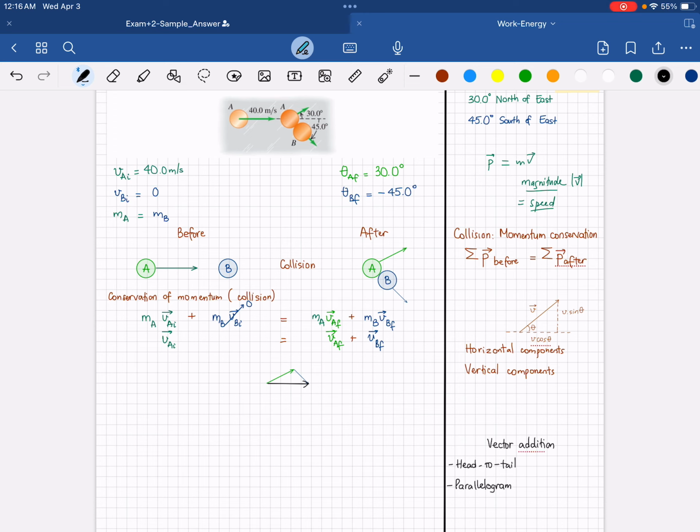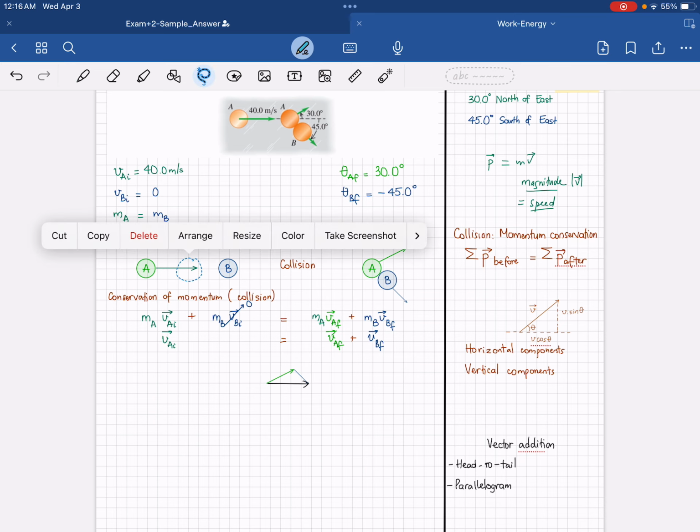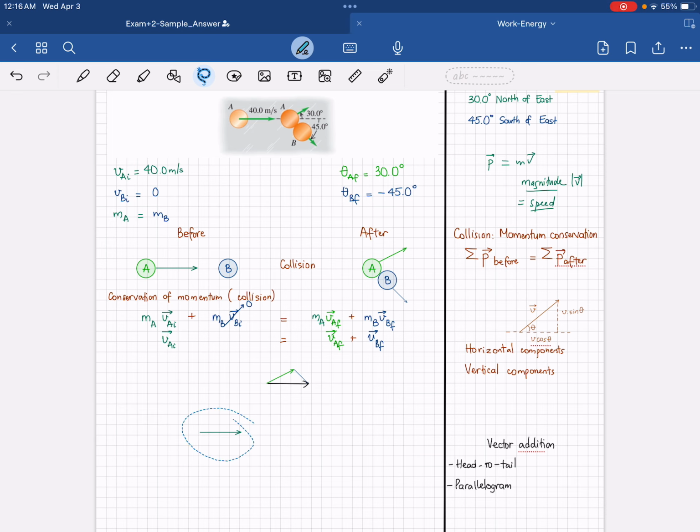And we know the velocity doesn't change before and after the collision. So the initial velocity of mass A should match this black one. They should match each other. If I bring this one out here and put the direction for the final vector of B, then they match like this.